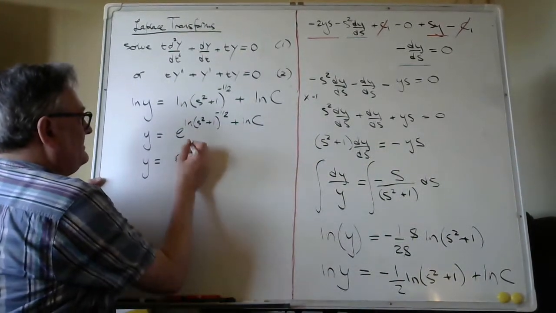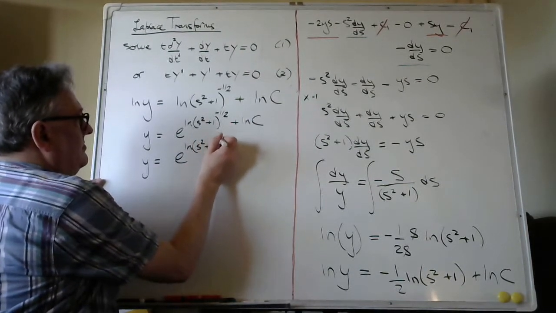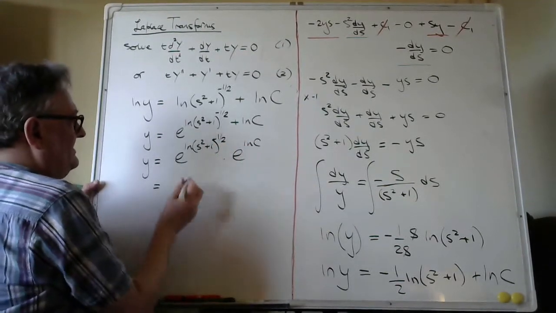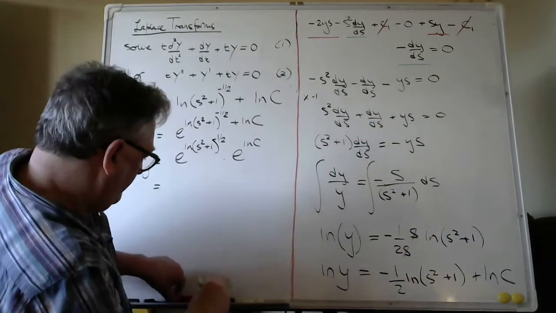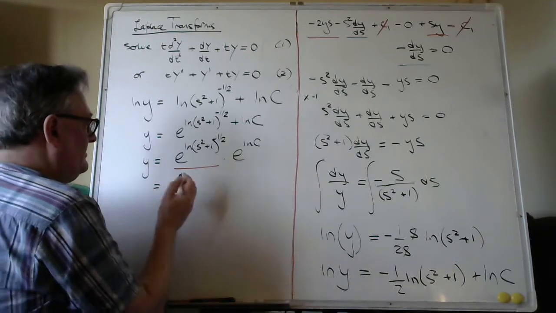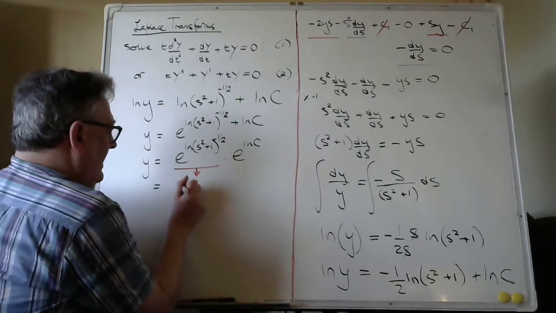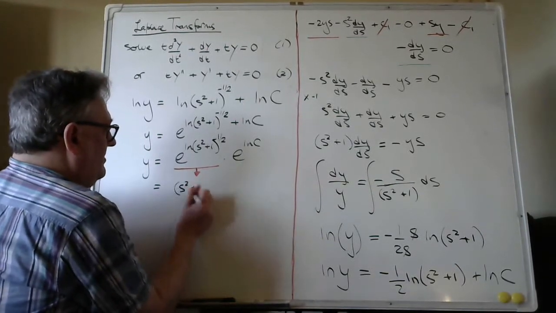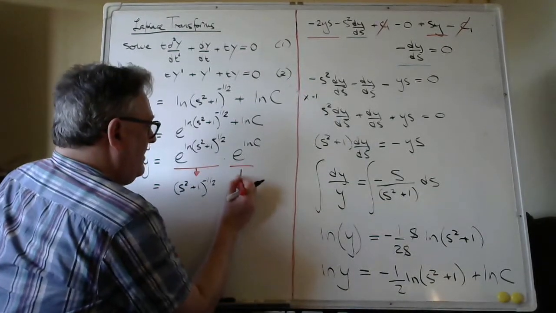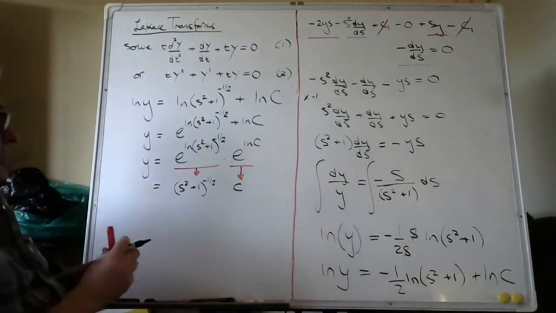But I've skipped a step, because we can write this like this. So going back to what I said, this term here just becomes s squared plus 1 to the power minus a half, and this term here just becomes c, right?